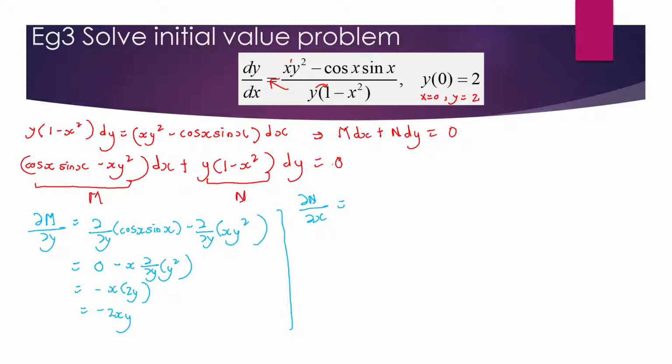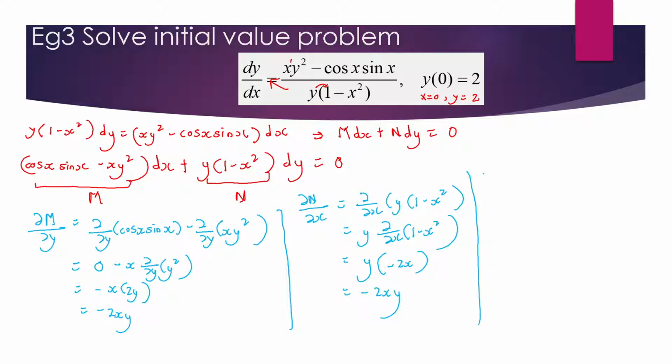And then you find del N del x. You take del del x of y times 1 minus x squared. When taking del del x, y is constant, so factor out y. Then del del x of 1 minus x squared: del del x of 1 is 0, and del del x of negative x squared is negative 2x. So the result is negative 2xy.